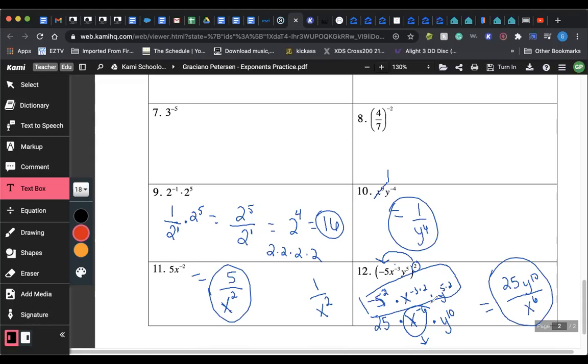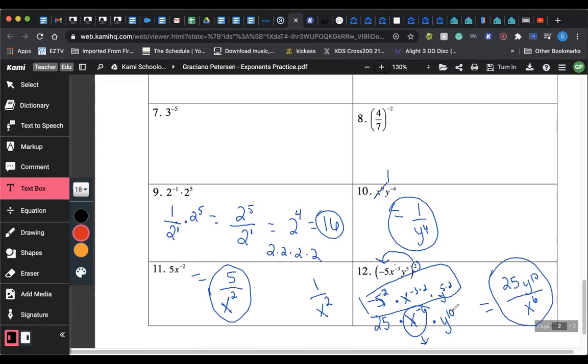Then y to the 5th times 2 is y to the 10th power. Good. Right.